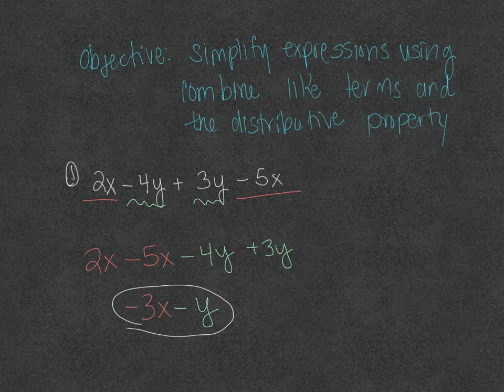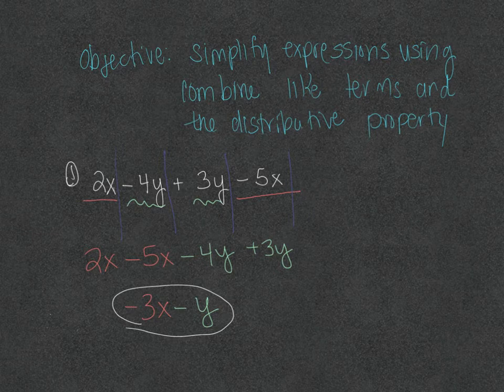Some people will draw lines so that they can see this is a positive 2x and a negative 4y and a positive 3y and a negative 5x, and then they'll use their four terms from there to combine. So whatever is working for you, keep doing that. Keep in mind that weekly reviews are just helping us review concepts that we've already learned that we're going to be using again this semester as we incorporate some new concepts in with these ones.